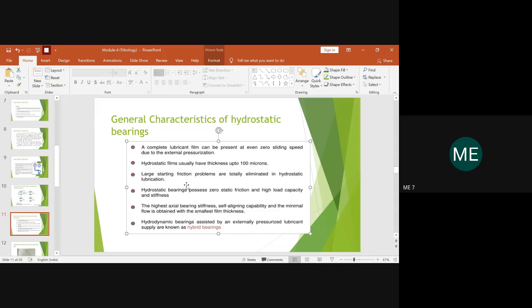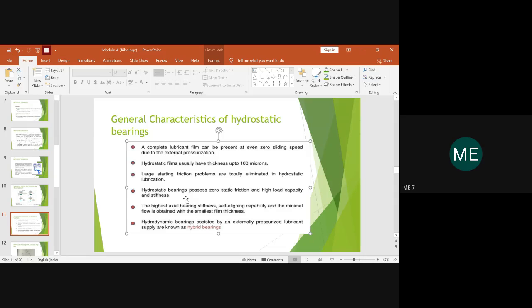So that you have to understand. And thirdly, hydrostatic bearings always possess zero static friction, and have high loading capacity and stiffness value. So in case of hydrostatic bearings, it has zero static friction, high load bearing capacity even at low speed, and a good stiffness value.